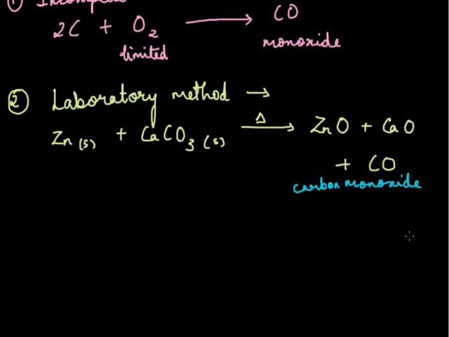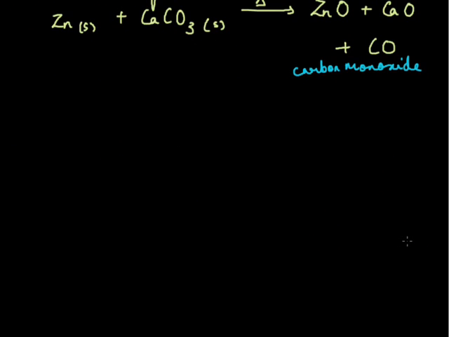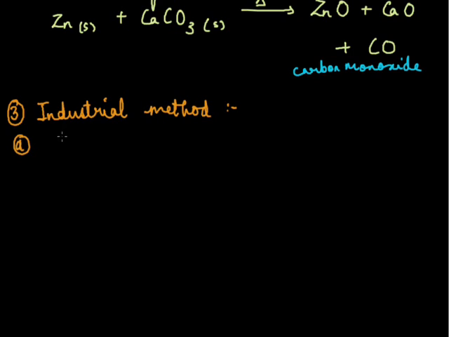Now we'll discuss the industrial method of preparation of carbon monoxide. Industrial method: in this method, carbon, that is the coke, is heated in air.